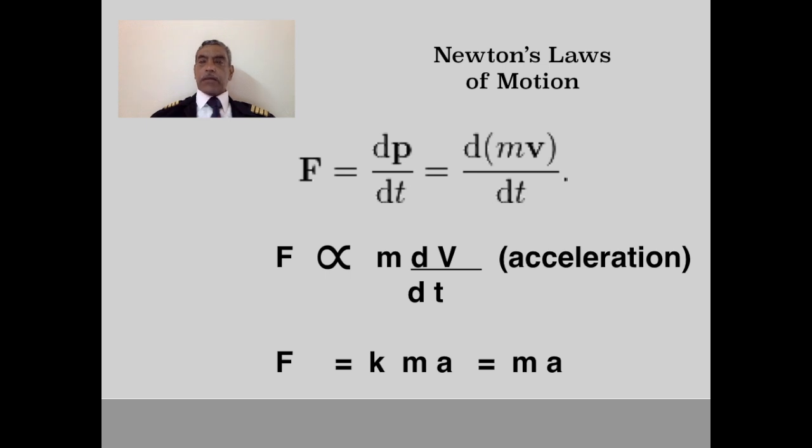Or if we introduce a constant, or if we define our units in such a way that no constant is involved, it becomes force equal to K into MA, or force is equal to MA. This is a very important equation which we will need to understand and which we will continue to use in all our numerical examples in our future mechanics lessons.